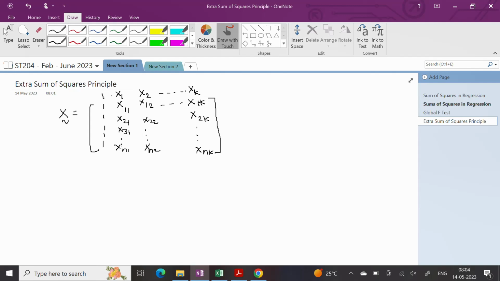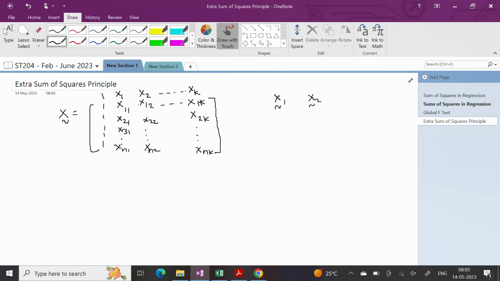So what we are trying to do now is, suppose we have certain regressors which we feel are perhaps not useful in the model, they are redundant, they are not adding much value to the existing model, then we want to test for it. So we break down our regressor matrix into two parts, X1 and X2, correct? Now, how do I do that?